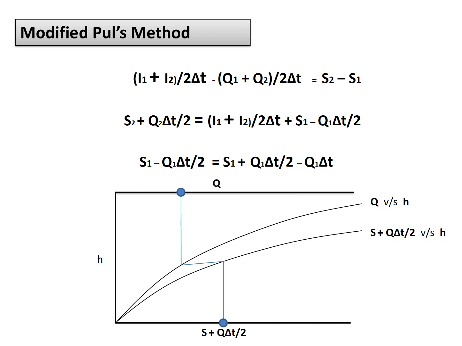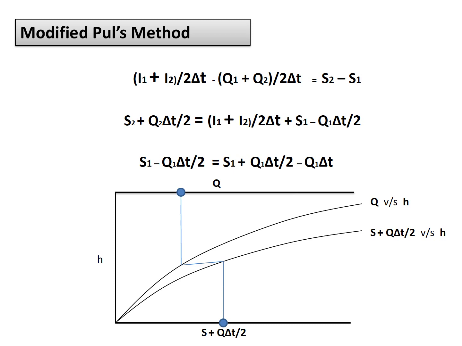So first we construct a graph between S plus Q del T by 2 versus H. On the same graph we also construct the graph between Q versus H. So there are two types of curves showing in the slide.